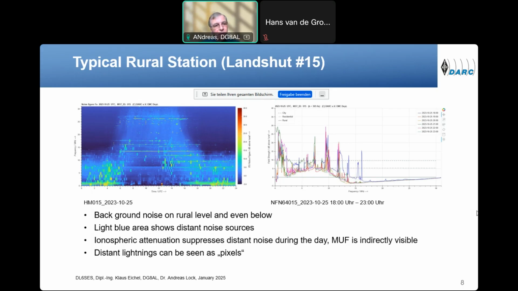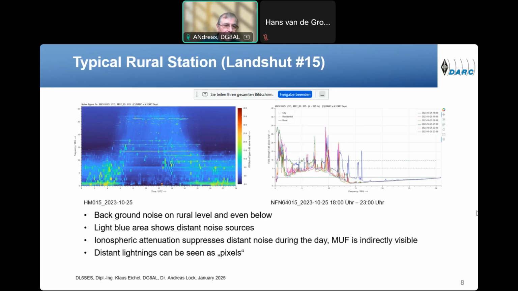They come to the receiver through the sky wave. We guess that this noise comes from cities like Munich and other big cities. During the day, the signal is blocked due to the attenuation of the D layer.